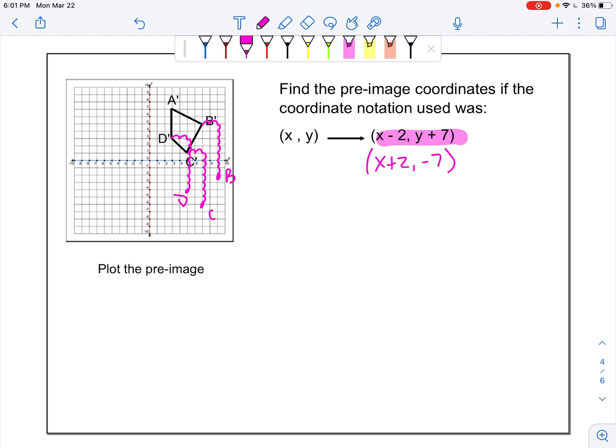So there's my D, and then A, add 2, subtract 7. And there's A. It gets a little messy. I think if I erase this stuff, I'm going to erase everything, but I'll give it a shot. There we go.